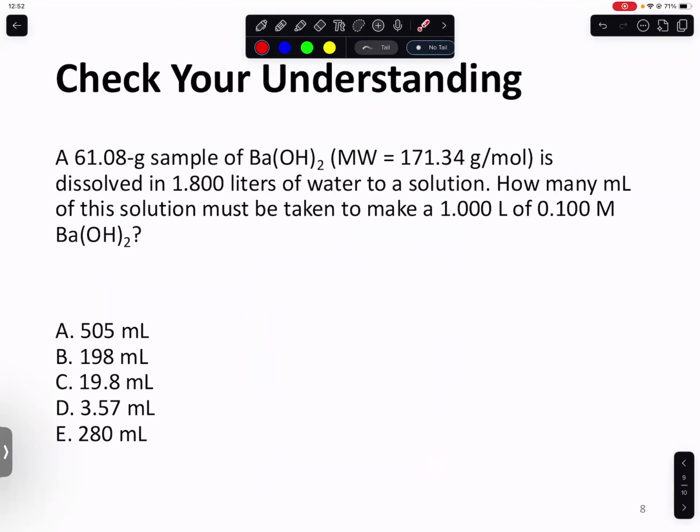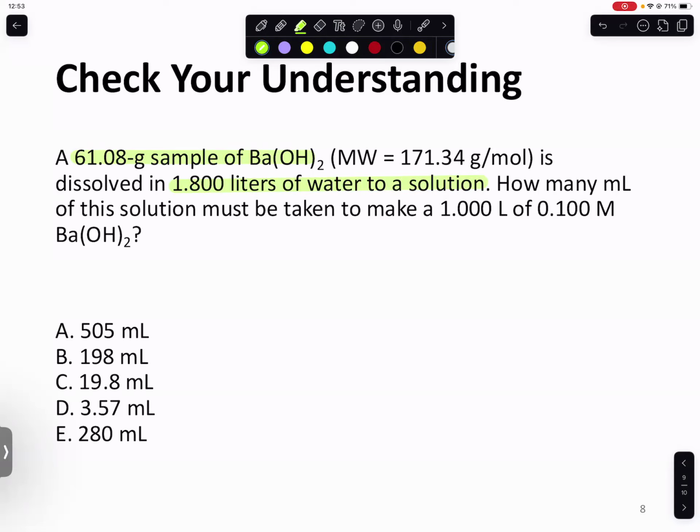Now let's check our understanding and look at an example of how solutions are diluted and how to perform these calculations. In this example, 61.08 grams of barium hydroxide, with the molar mass given, is dissolved in 1.800 liters of water to form a solution.